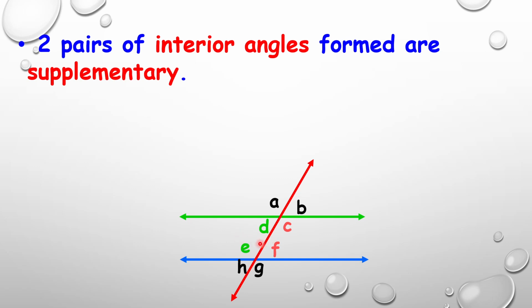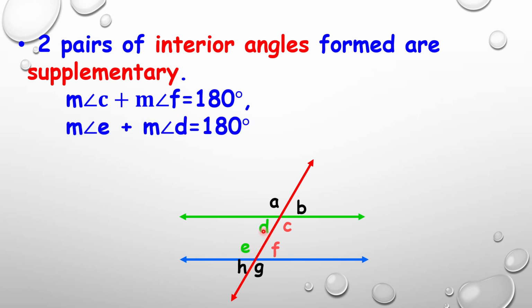The interior angles are on the same side of the transversal and inside the two parallel lines. Here angle F and angle C are interior angles. So angle C and angle F are supplementary angles, meaning measure of angle C plus measure of angle F is equal to 180. Then the second pair of interior angles is angle E plus angle D is equal to 180.